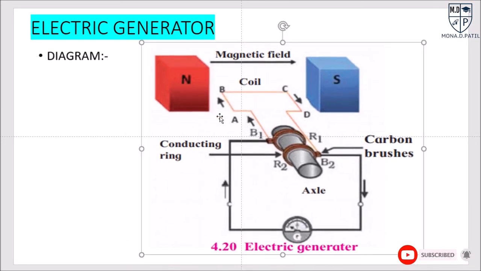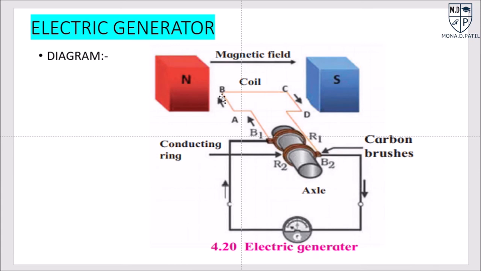But the branch BA is always in contact with the brush B1 and branch DC is in contact with B2. Hence, in the external circuit the current flows from B1 to B2, which is opposite to the previous half rotation. This repeats after every half rotation and alternating current is produced. This is what is called an AC generator.